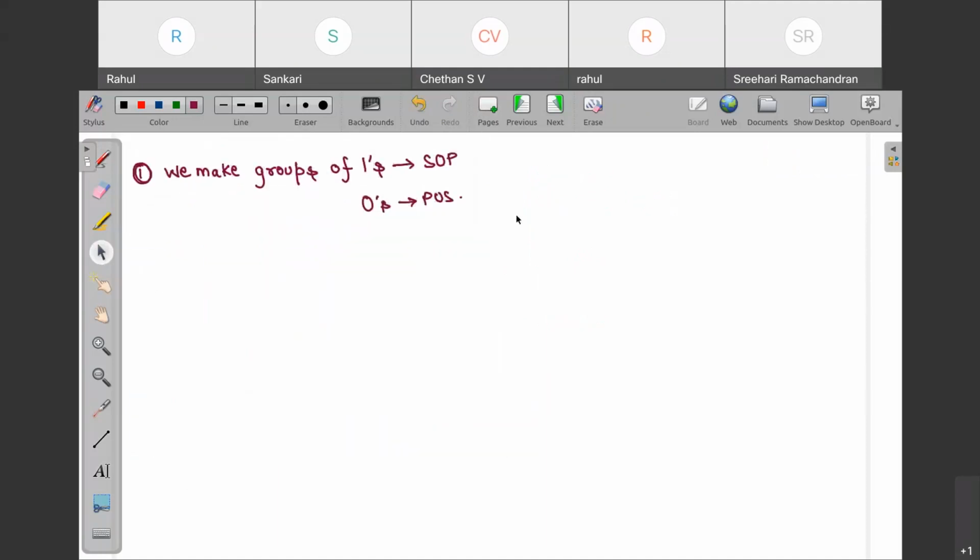If I want an SOP expression, I make groups of ones. If I want a minimized POS, we make groups of zeros.